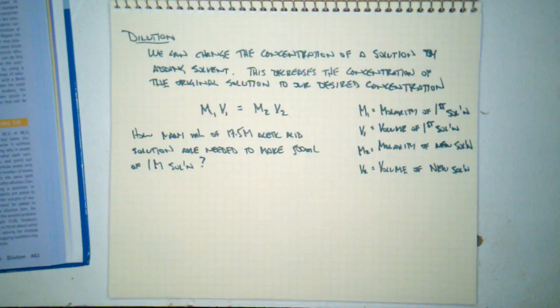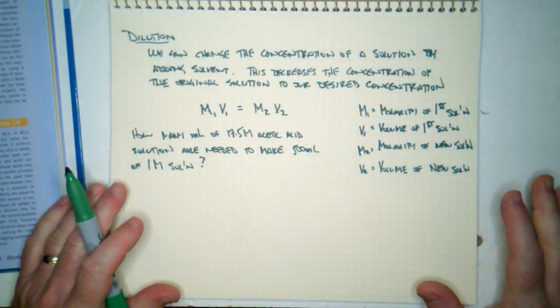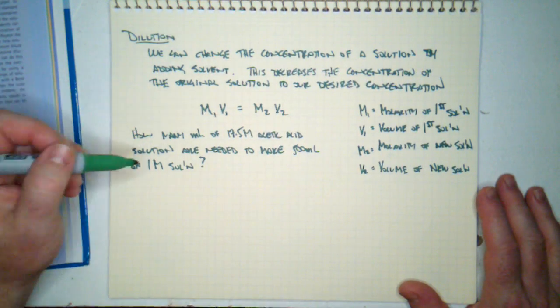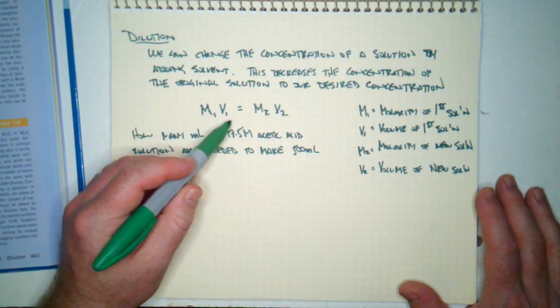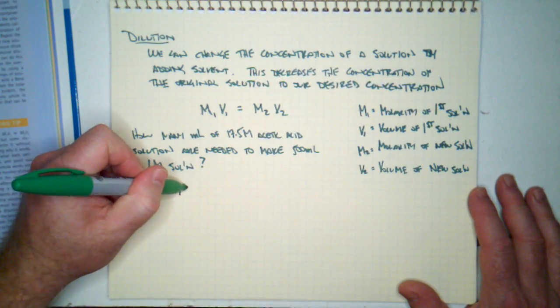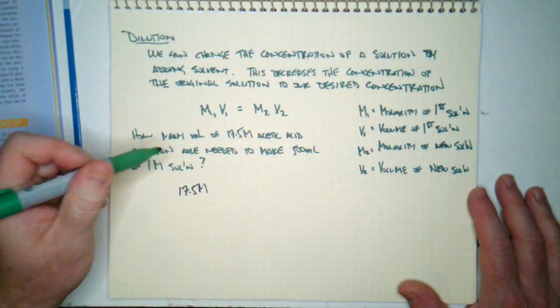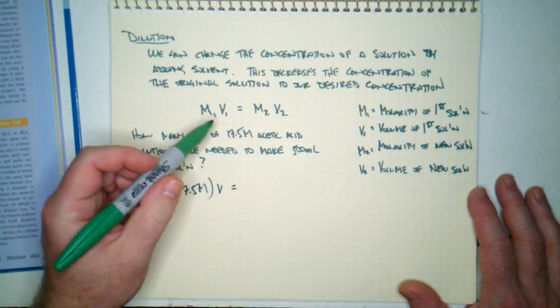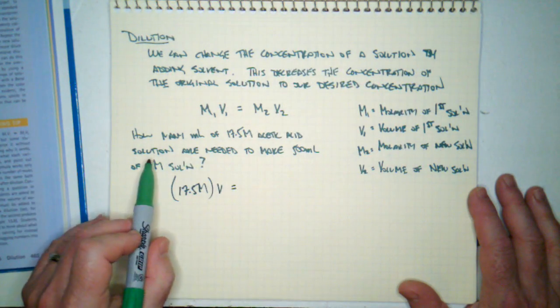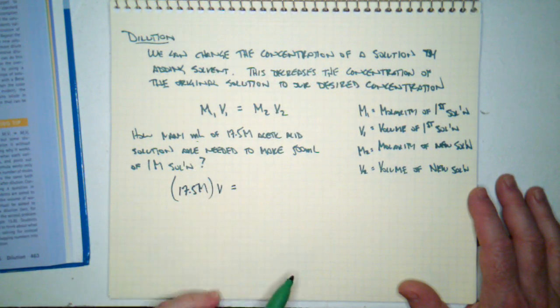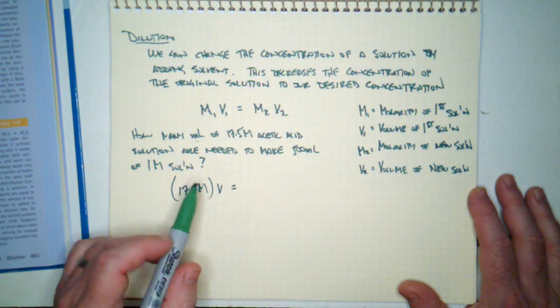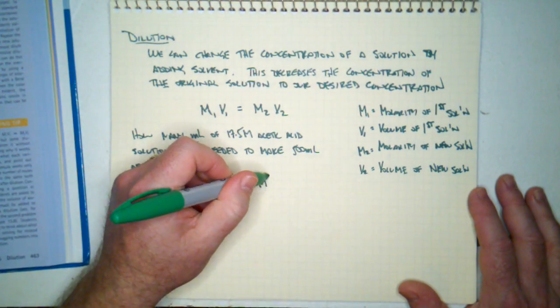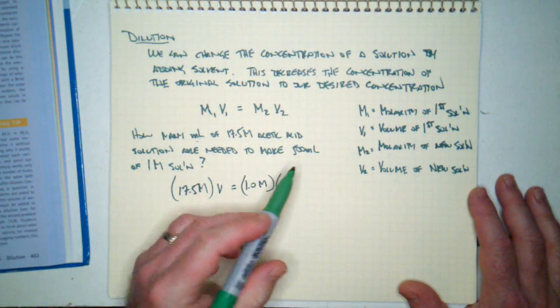So we have to set it up, and what we can put together is, we know that this is the molarity of the first solution, so it's going to be 17.5 molar times V, because we need to figure out how many milliliters of this solution are needed. The molarity of the working solution is 1 molar times 500 milliliters.